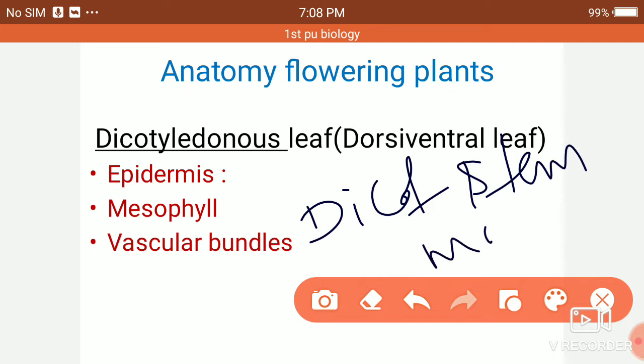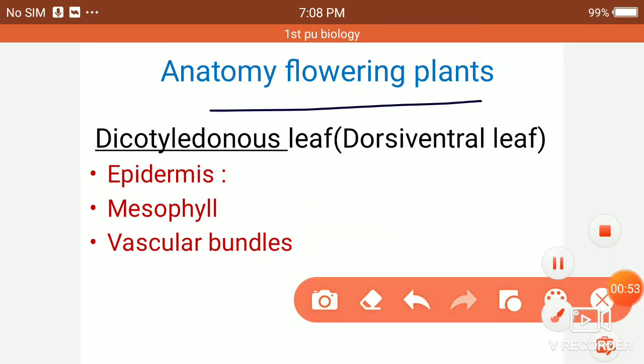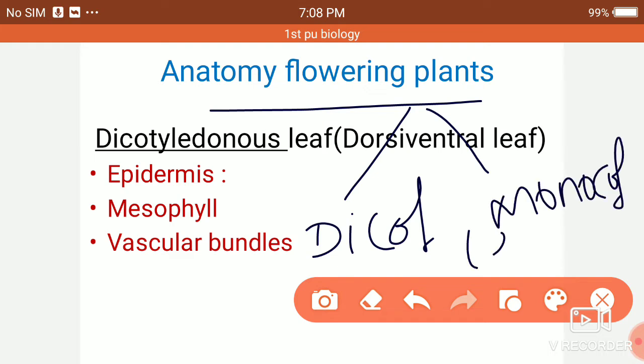In today's session, we will discuss the leaf. In flowering plants, as I have already told, there is the dicot leaf and the monocot leaf. Here, first we will study the dicot leaf.